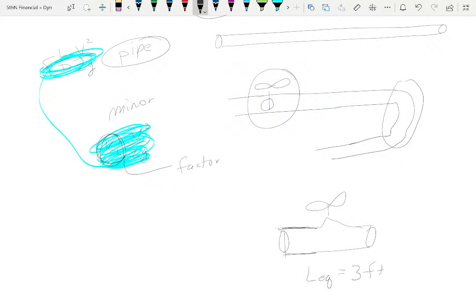What that means is, if you compare these two, K_L V squared over 2g compared to f L over D V squared over 2g, this is equivalent to a 3-foot length of pipe. And that's all it is.